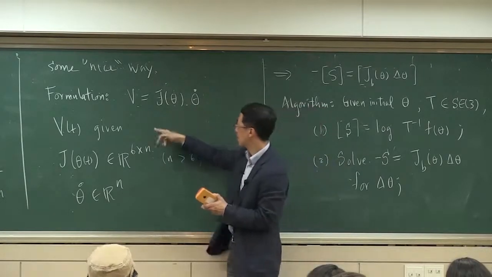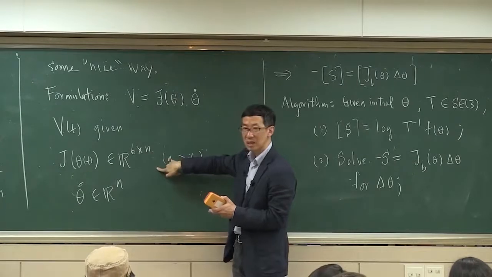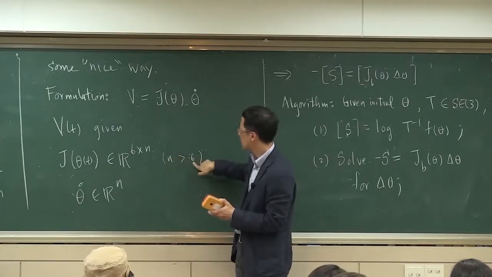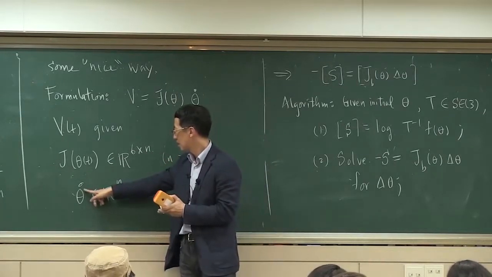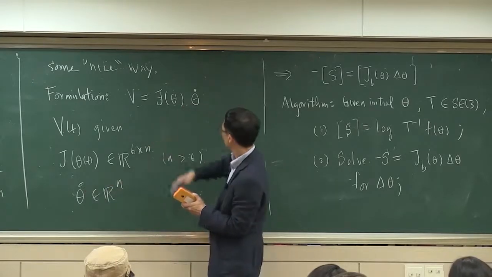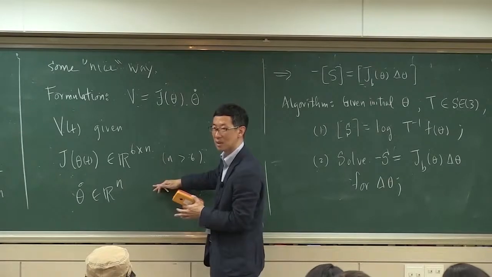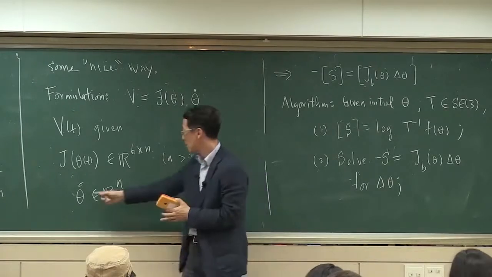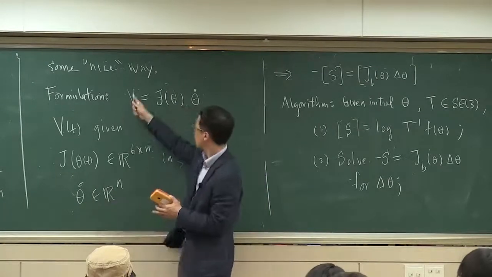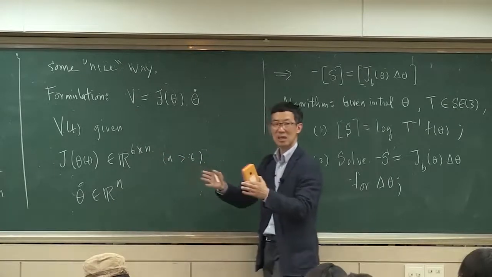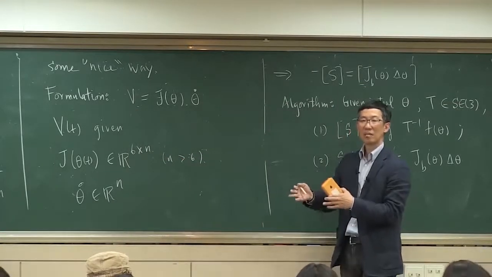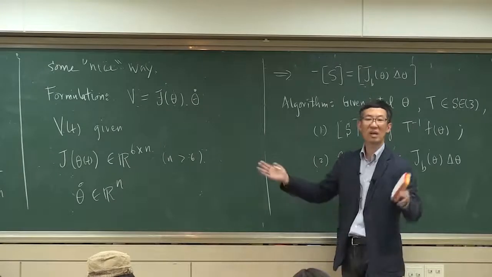Because this is 6 equations, n unknowns. n is bigger than 6. So here are my unknowns, here are my 6 equations. More unknowns than equations, so we have an infinite number of solutions.